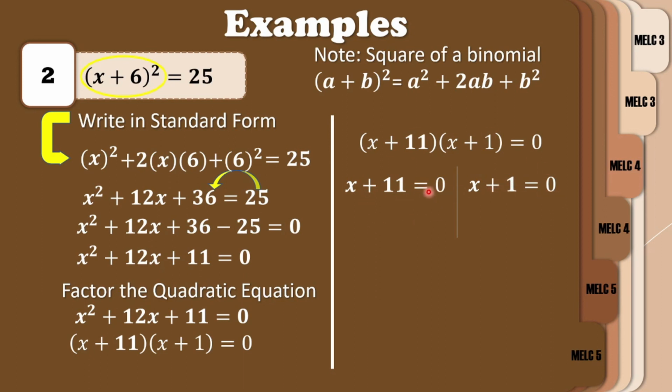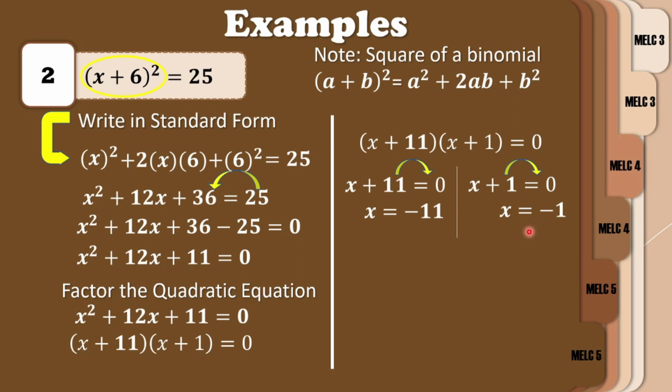In solving this x value, we have to transpose 11 sa right side ng ating equation. We have x is equal to negative 11, so magbabago yung sign. We have to transpose another, we have positive 1 sa kabila, we have negative 1.